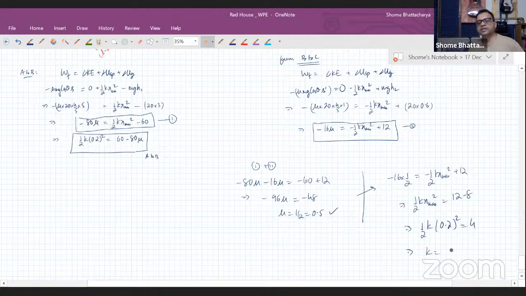So you get k in SI unit as 4 into 2 divided by 0.04. Or we can simply write this as 4 into 10 raised power minus 2. So this will become 200 Newton per meter. That will become the spring constant.